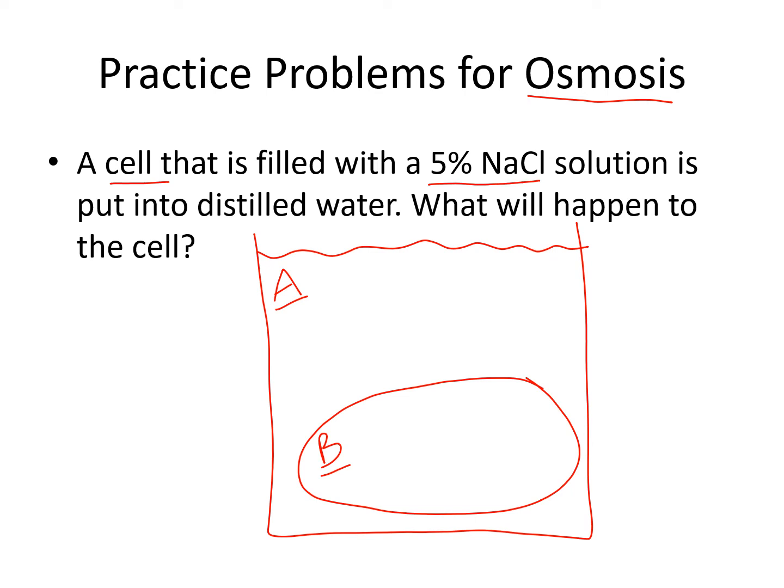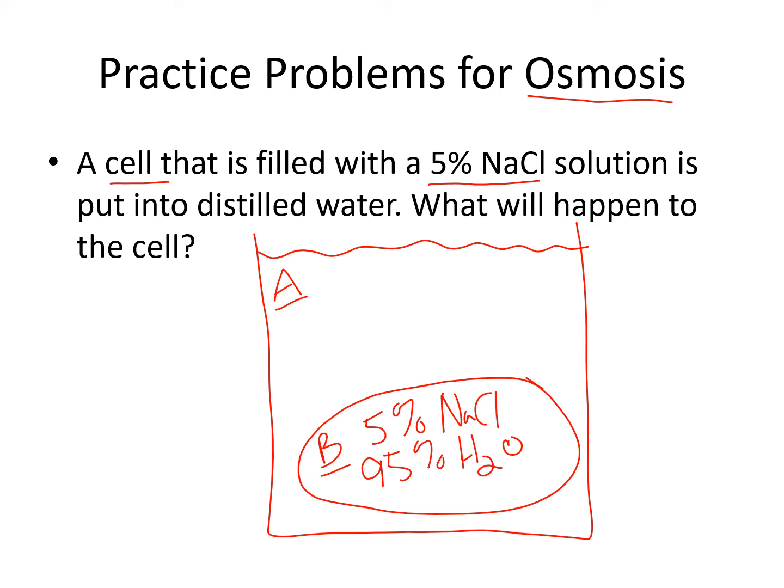So the cell is 5% sodium chloride. So if it's 5% sodium chloride, then it's going to be 95% water. Because remember, a solution is a percentage. So that's the cell. So you figured out the percentage in the cell.